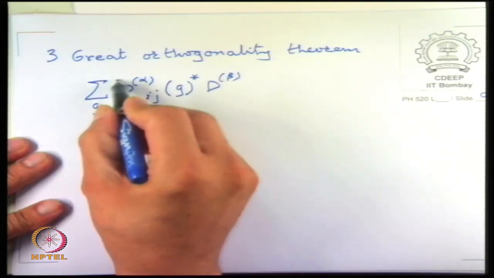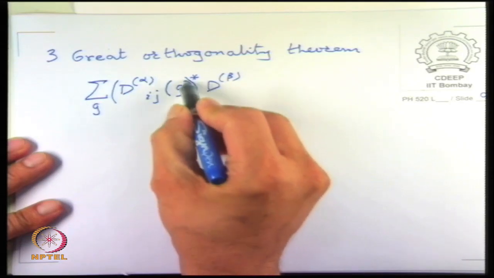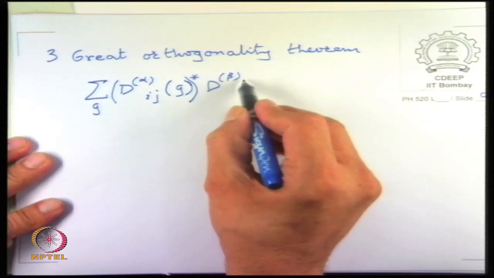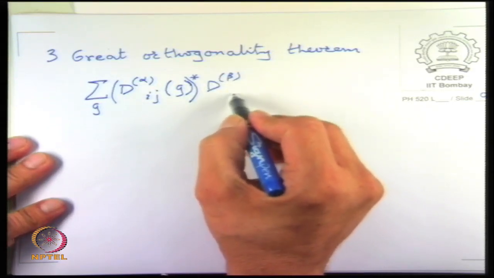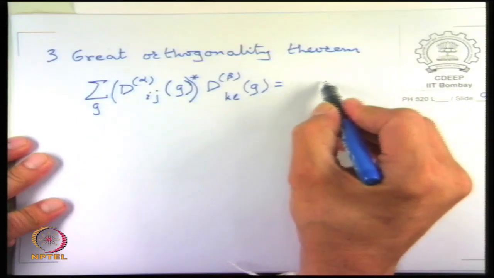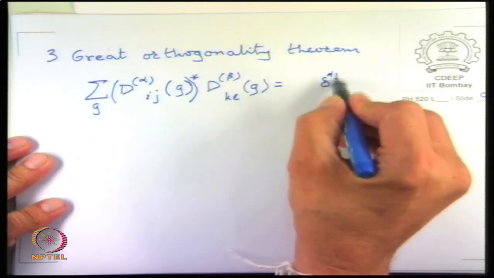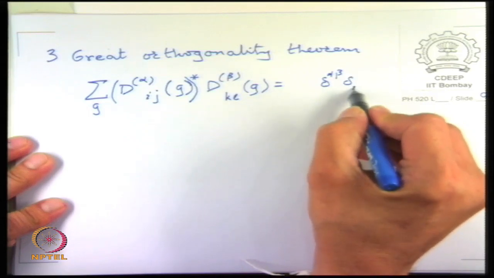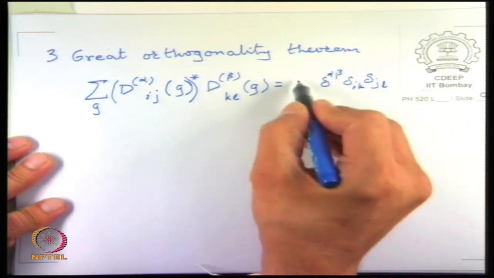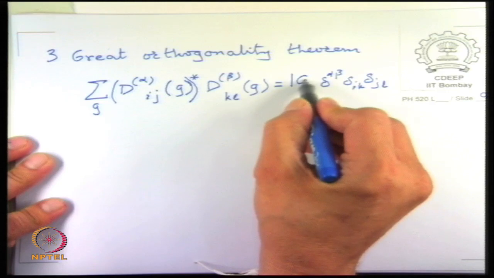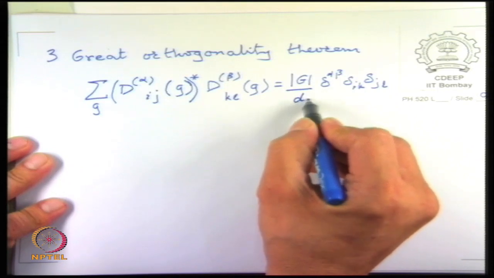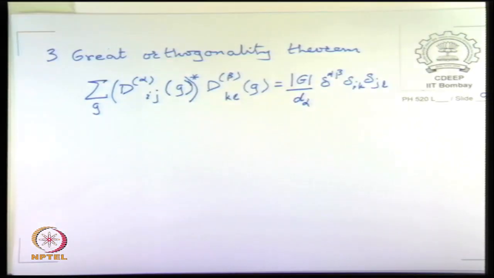So, this star is on the matrix element as a whole, D beta of G with indices kl, is equal to delta alpha beta, delta ik and delta jl, and with a front factor which is the order of the group G divided by, let us call it d alpha, the dimension of the representation alpha.